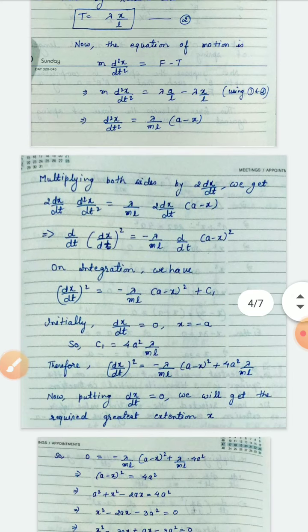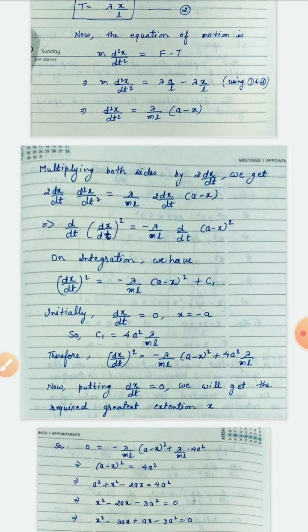Now the equation of motion is m d2x by dt square is equal to F minus T. So substituting the values of F and T from equations 1 and 2, we will get m d2x by dt square is equal to lambda a by L minus lambda x by L. Taking lambda by L common and shifting m from the left hand side to the right hand side, we will get d2x by dt square is equal to lambda by ml into bracket a minus x.